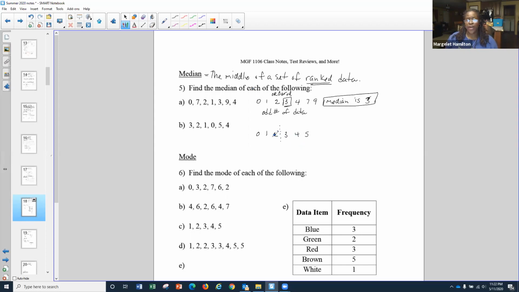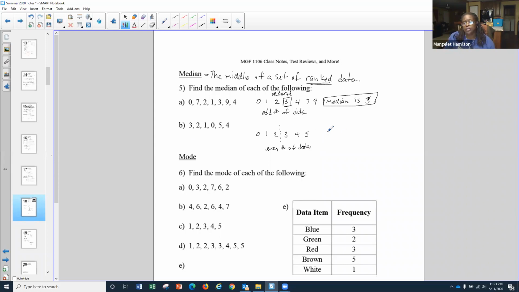So we have 2 values, one on each side of our middle, right? So when we have an even number of data, it doesn't mean that we don't have a median. What we have to do now is take the average of those 2 values. So we got to find the mean, right?